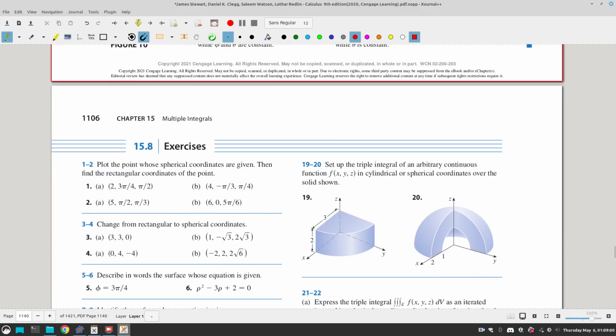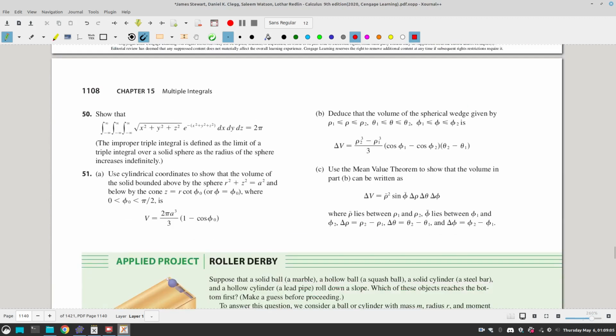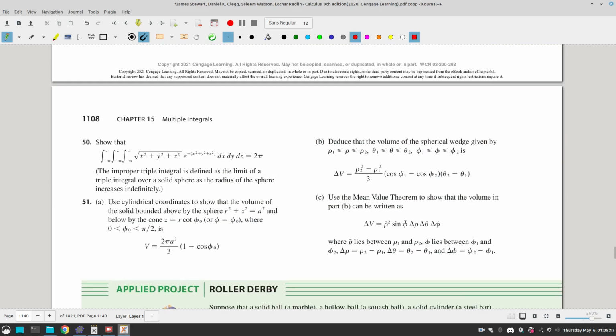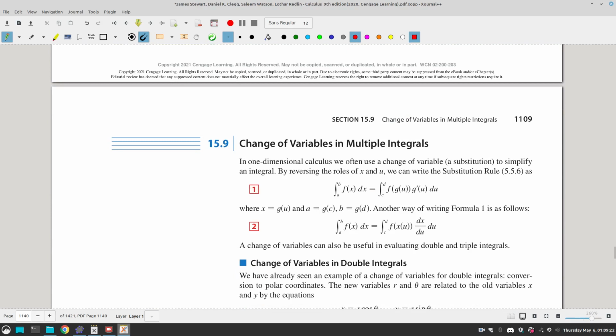In the next chapter, we'll look at a way to convert to any general coordinate system using a change of variable formula called the Jacobian formula, and this is going to generalize sections 15.7 and 15.8.